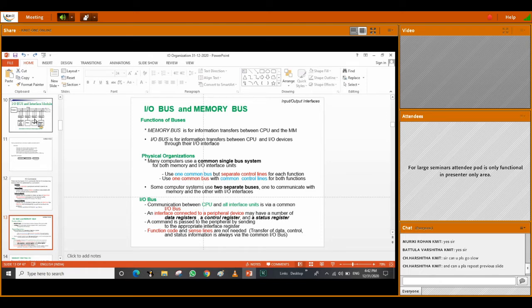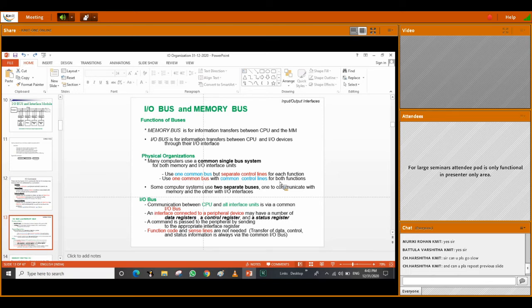Here we can use one common bus but separate control lines for each function, or use one common bus with common control lines for both functions. For example, for one function separate control lines, and for two functions common control lines.